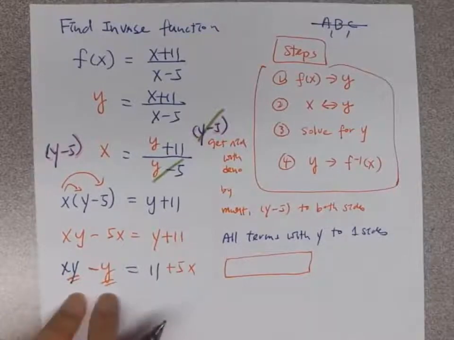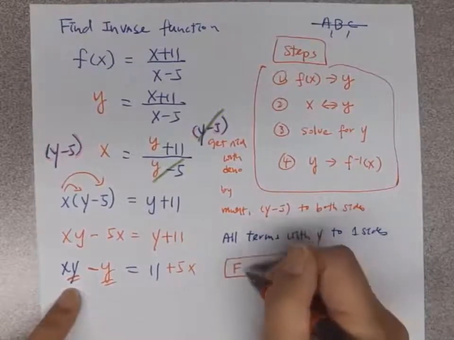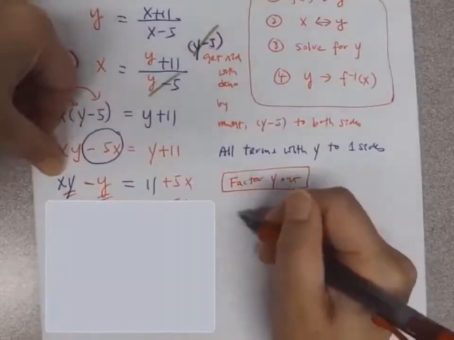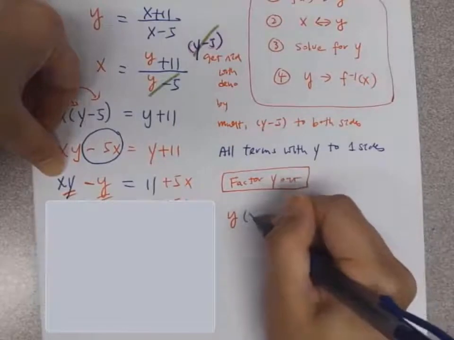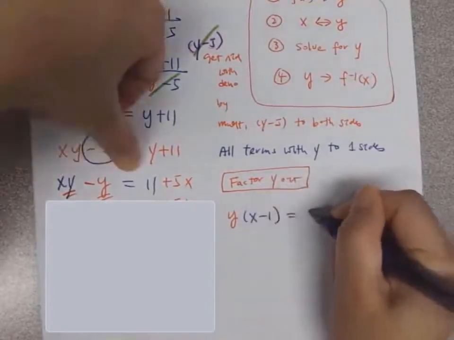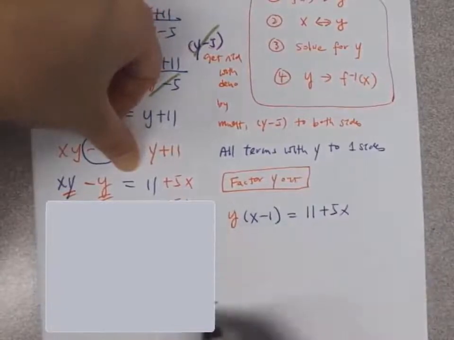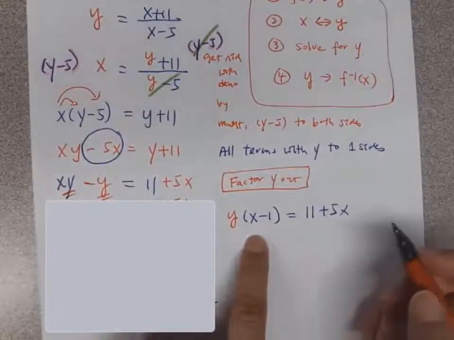They're not like terms, so I cannot combine them, but I can factor y out. So after I factor, I should have y out, right? And then this is x minus 1, and then equal to 11 plus 5x, correct? So when I try to divide both sides with what?